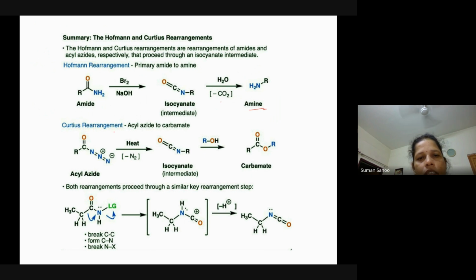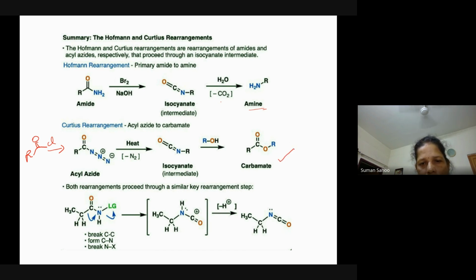And in the case of the Curtius rearrangement, the first one is your acyl azide, which you get from your acyl halide. Again that would give you isocyanate, which is an intermediate, and depending on the reaction condition, you can get the product. If you are using ROH, then you are going to get your carbamate.